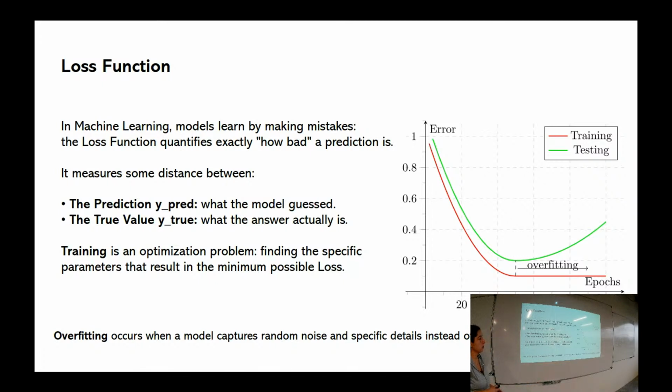So in each epoch, you see this plot. This is the training loss, because you can calculate it, of course, on the training and on the test set. And on the x-axis, you have epochs. What are epochs? Epochs are basically the number of times that you run the model.